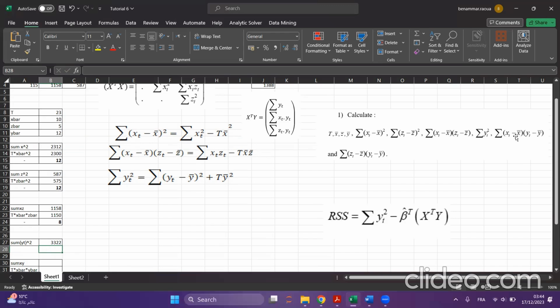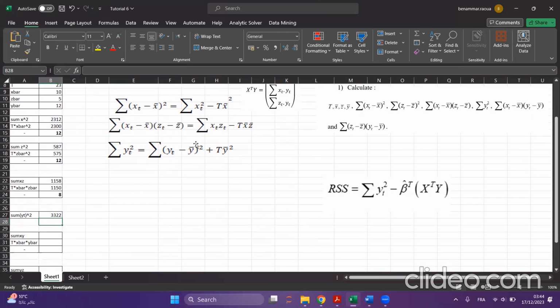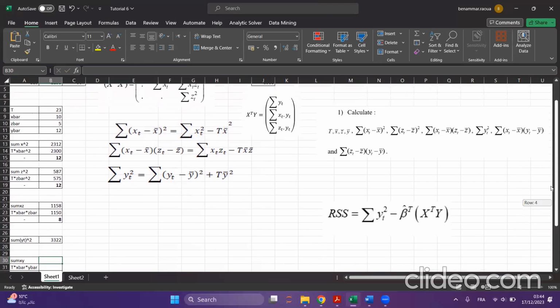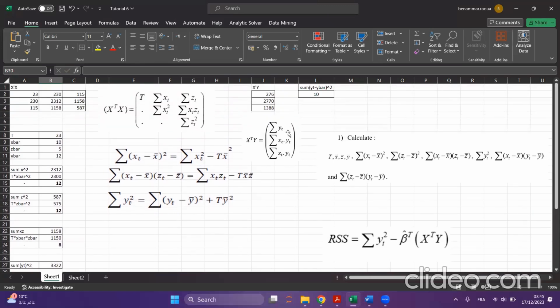Next, we are asked to calculate the sum of xt minus x bar times yt minus y bar. We use the exact same formula we used before. So the sum of x times y, we find it in the XTY vector.